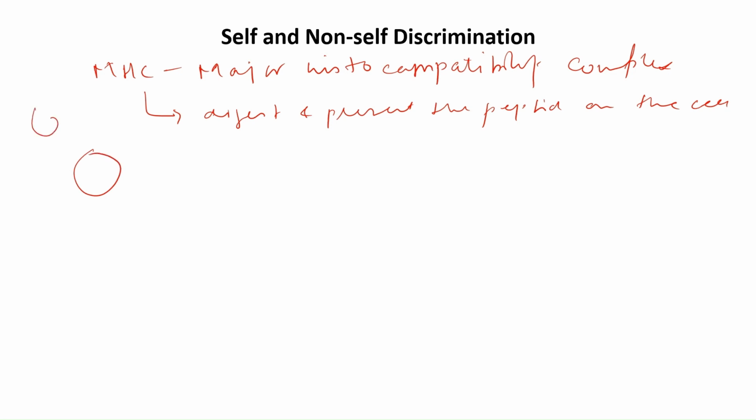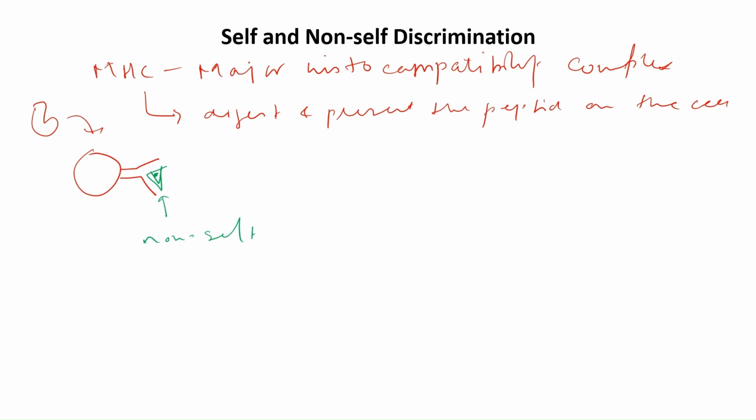If any foreign substance enters, they will break this substance into smaller peptides, and then a section of this peptide will be displayed on its surface. So as soon as any peptide is displayed on an MHC molecule, it will be treated as non-self. The body, or the T cell specifically, will consider these peptides, or these proteins displayed by the MHC molecule, as non-self.